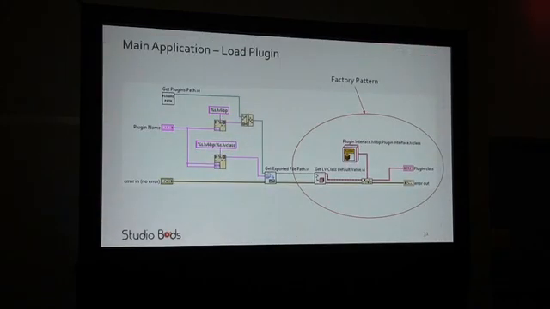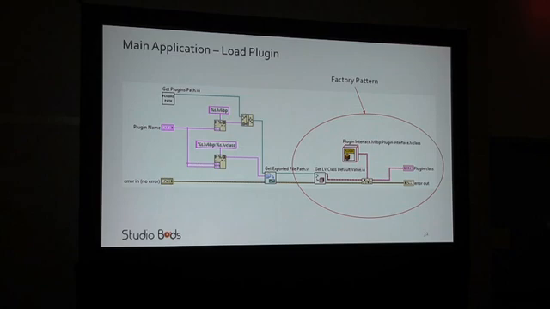In order to load the plugin, this is the whole magic of the plugin architecture. It's using the factory pattern. Basically, you're going to dynamically get the default value of your plugin class and cast it to the plugin interface class.